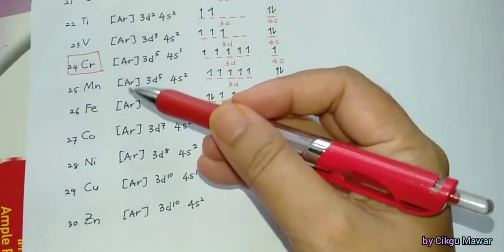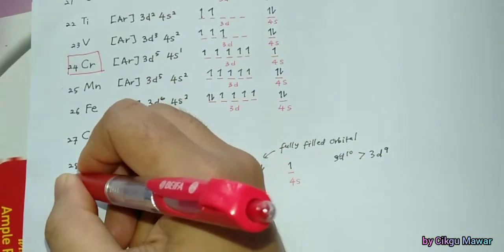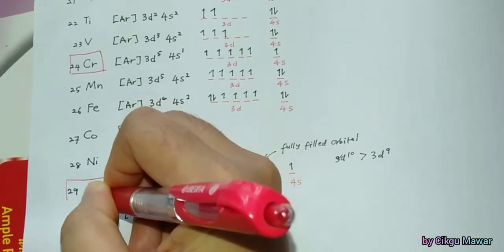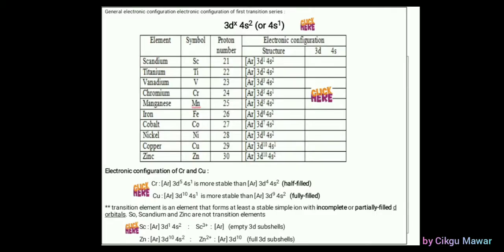So chromium and copper have a different electronic configuration. Among all the transition elements here, there are two elements which are different from the others. For chromium and copper, in writing the electronic configuration, they don't follow the three principles because of their stability.